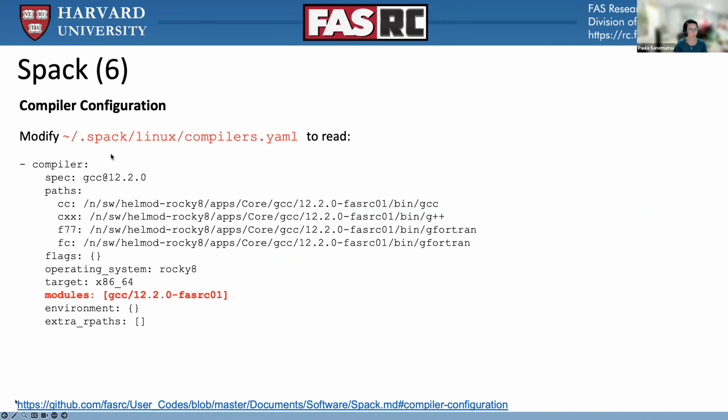You will also need to modify this file that is located in your home directory. If it doesn't exist, you can create it. The important part is to add these and also add modules GCC 12.2.0, so it will know where all the packages are located, where the GCC compiler is located.